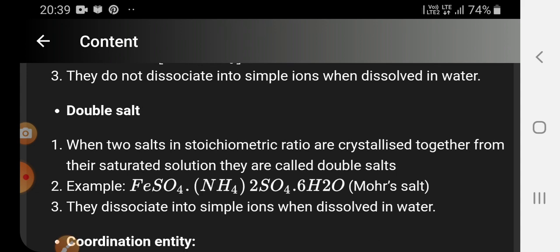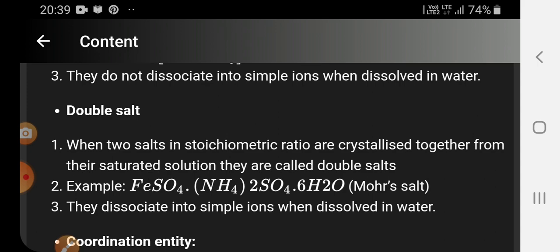Double salt, simply sounding like this, is the combination of two different salts. So you can see that when two salts in stoichiometric ratio are crystallized together from their saturated solution, they are called double salt.